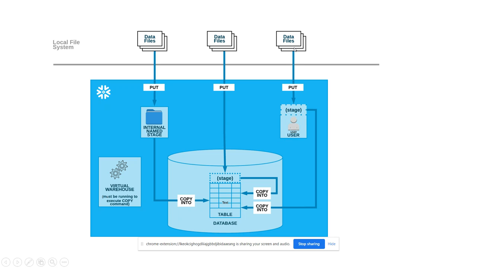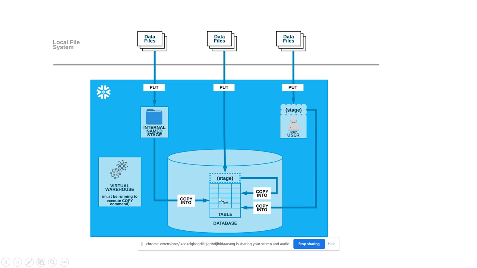If I have files on my desktop, by using the put command I can put these local files in the staging area. From this staging area I can load the data into this table by using copy into this table from this user staging area.